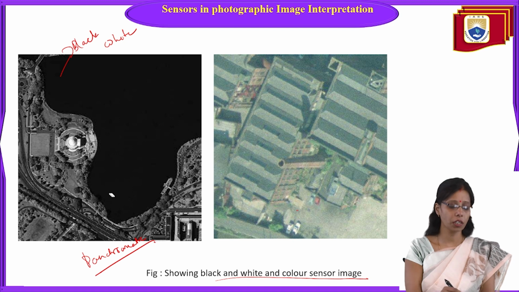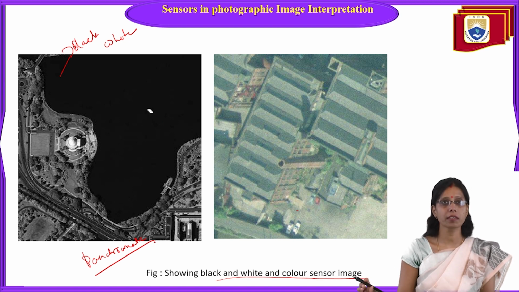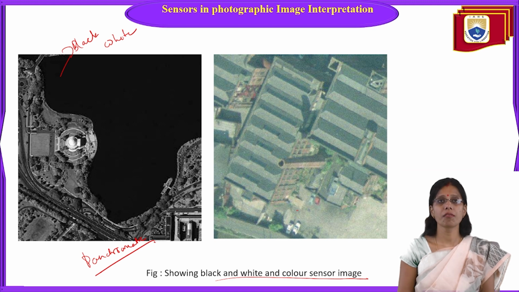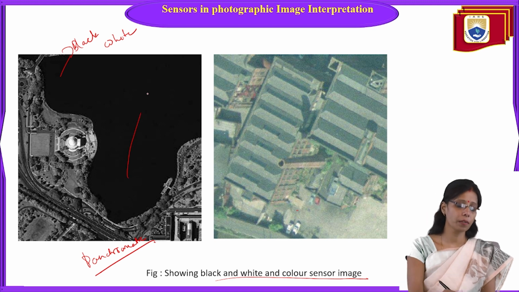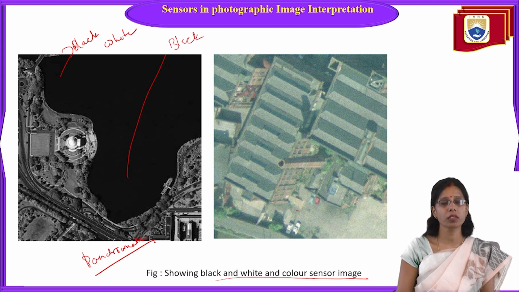Now, if we know the key elements, in the sense, if we know how to interpret it, if we know how a feature will look in a satellite image, which color it will look like. If it is black and white, the water body will be black in color. Black in color is like it will be having more suspended solids present in it, so it looks black. There will be no reflection, only absorption. So most of the radiation will be absorbed by these types of features. That's the reason it will show black in color.